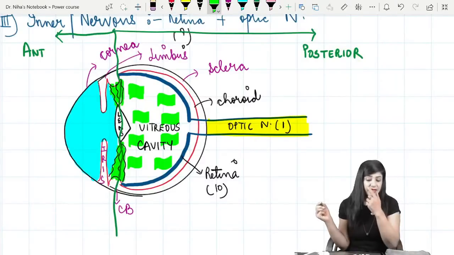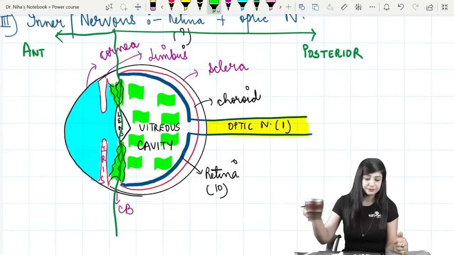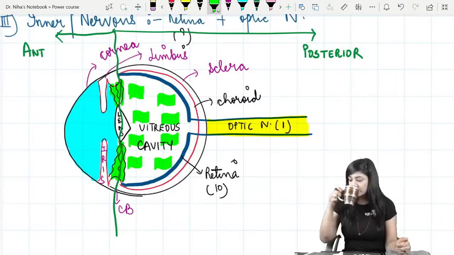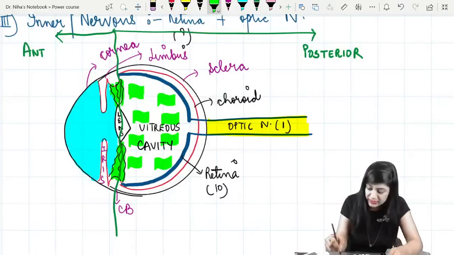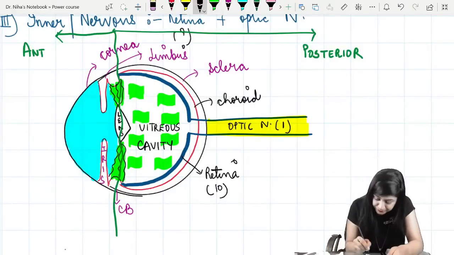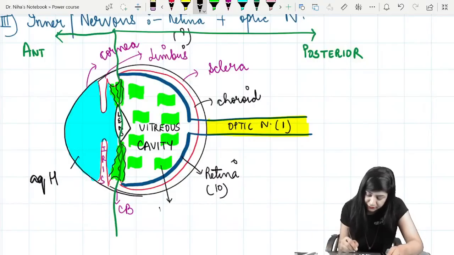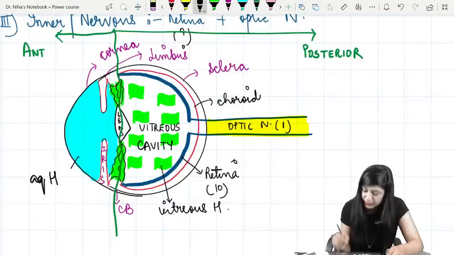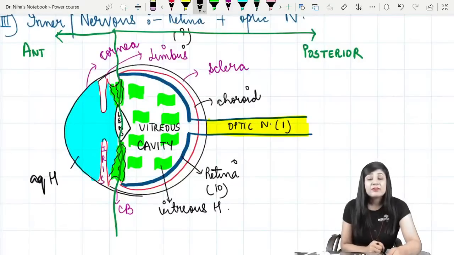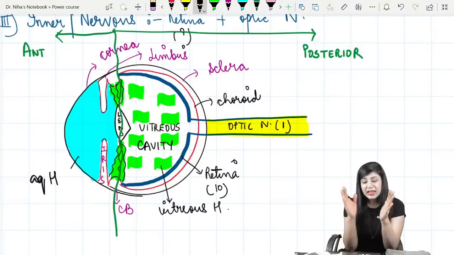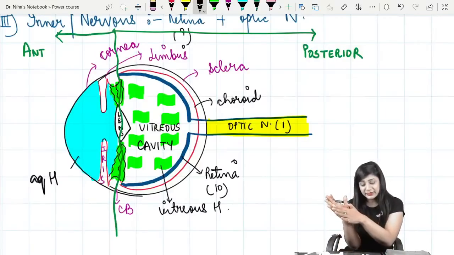That is why we are coloring this also green. So now I can say that this is the aqueous humor here, and this is the vitreous humor.